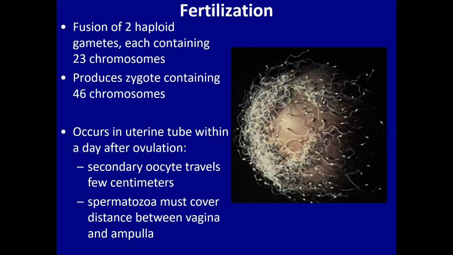Okay, so within a uterine tube, fallopian tube, within 24 hours after ovulation, that secondary oocyte is going to travel a few centimeters, and the sperm has got to cover the distance between the vagina and the ampulla of the fallopian tube.